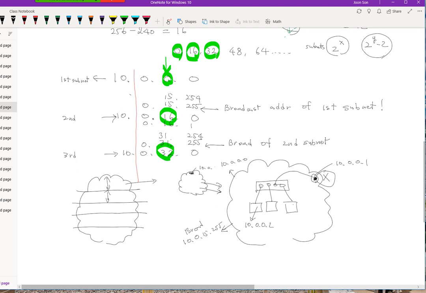And assuming that this is the last usable host, let's say the last host, then I can assign the following IP address, which is 10.0.15.254, right? Of course, there are many devices. And then this is going to be in internet.